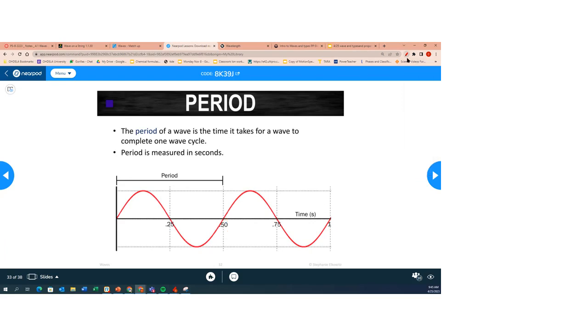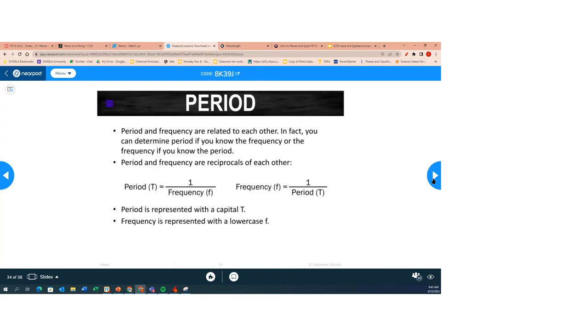when we're looking at the frequency, there's a relationship between the two. The period is 1 over the frequency. So let's go back to what we did before. We had 2 cycles, so 2 hertz, 2 cycles in 1 second. If we put frequency underneath there, then this is my period.